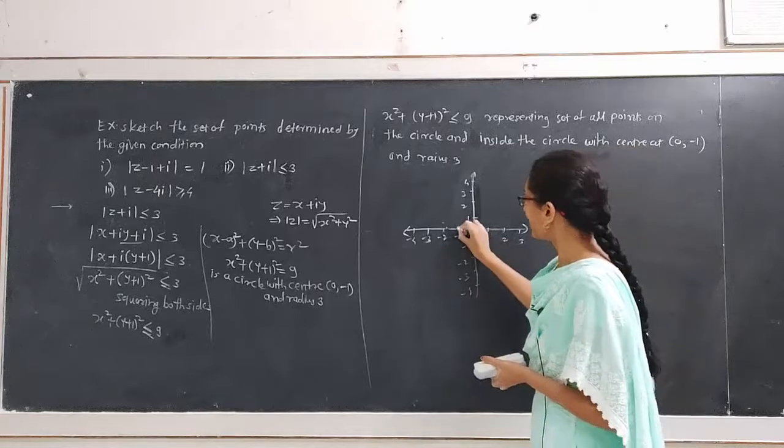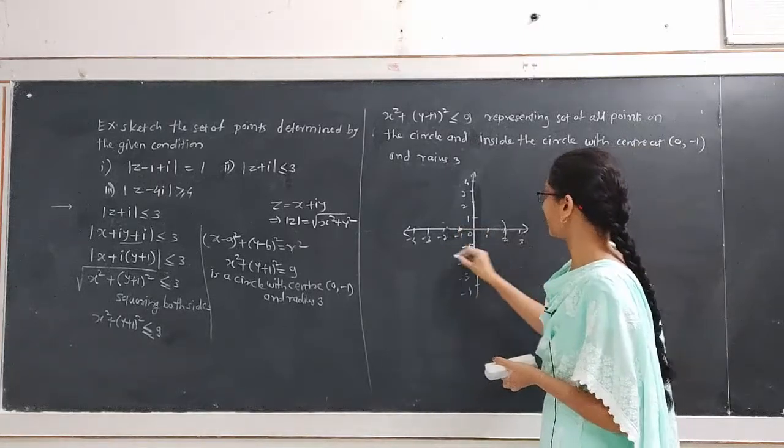Center is at (0, minus 1). This is the center and the radius is 3.